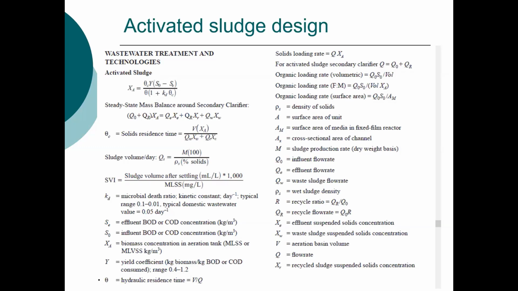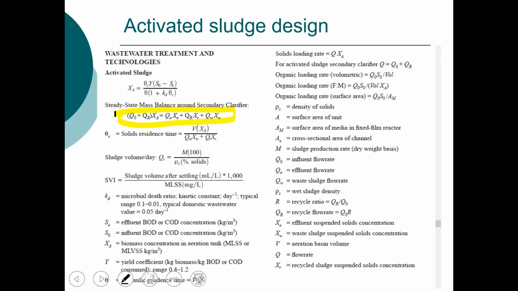These equations are straight from the FE reference handbook. As you can see, we have a number of equations that are important. The mass balance equation is what we just wrote.